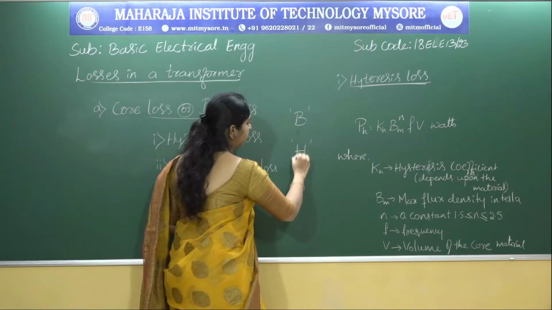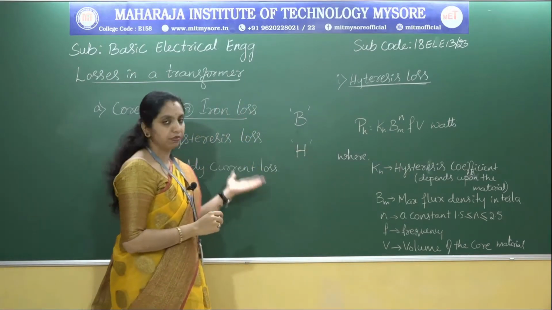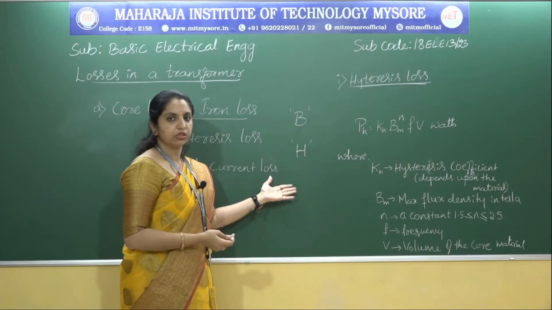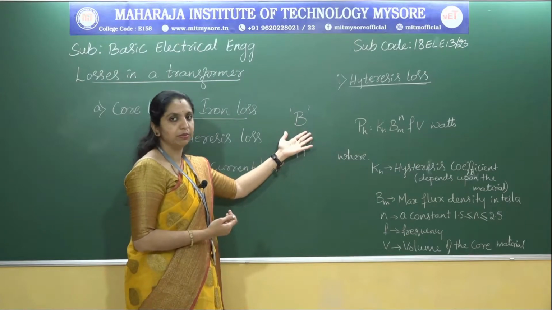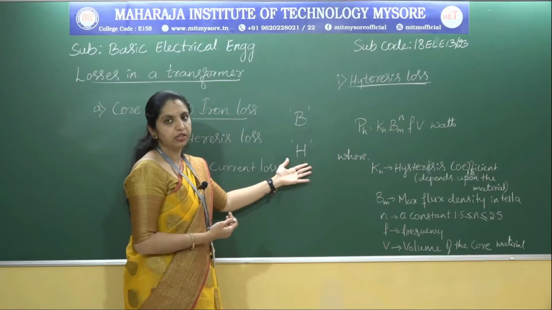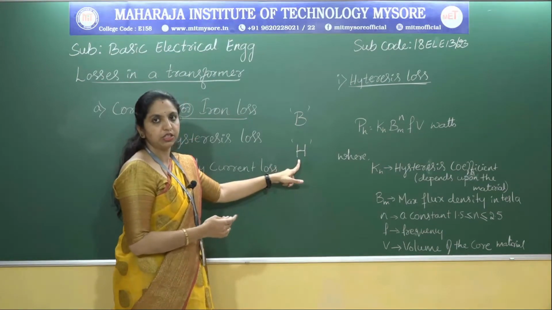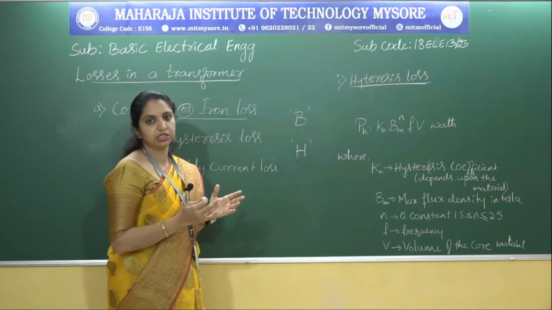Already you might have learnt about the concepts of flux density, field strength H and magnetic flux. So due to this, the flux density lags behind the magnetic field strength, which is H. This tendency is nothing but hysteresis.